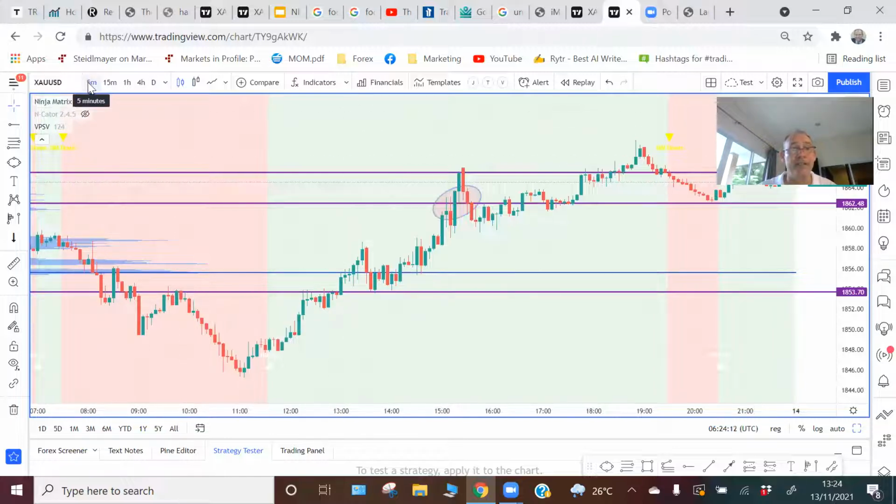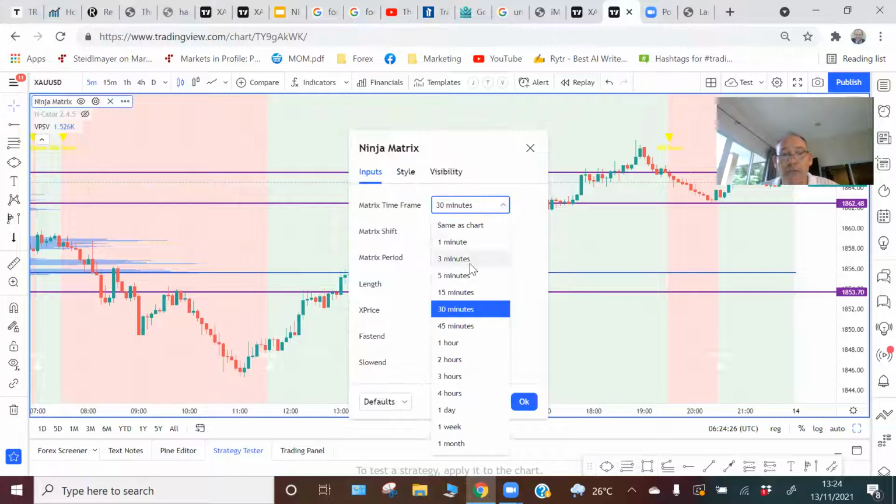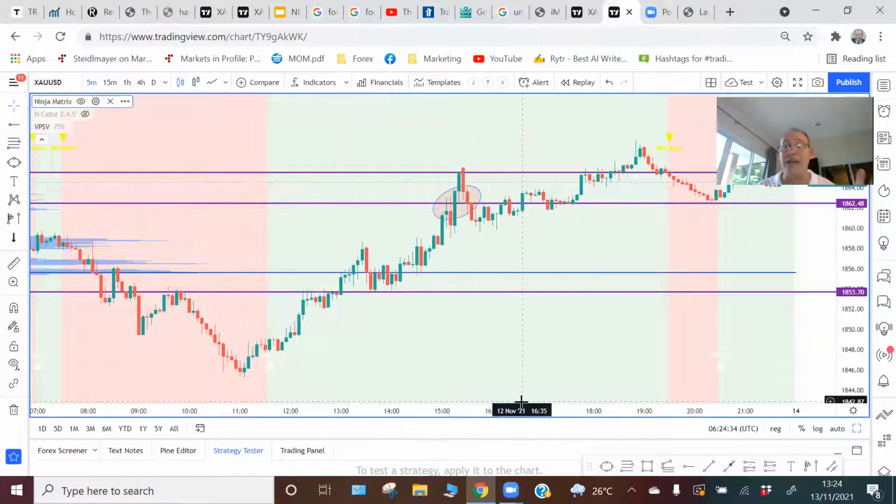On the 5-minute, because it's a 5-minute time frame, I click on this little button, the settings. And all I do is forget everything else. For the 5, I make this 30. So if I'm trading on the 5-minute, I make this 30. And I press OK. And that's it.